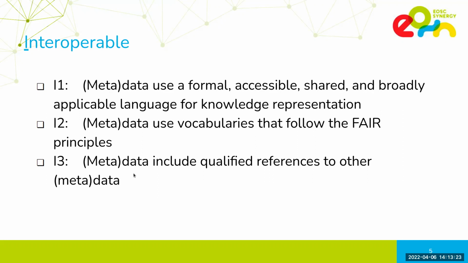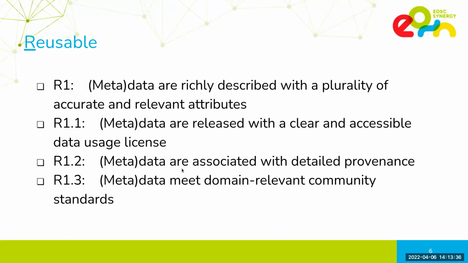That means, for example, relationships between different versions of the data, or whether they are associated with a particular publication, and that kind of thing is what we are checking. And finally, reusable, where we check things related to the license, whether the data and the metadata are released with a clear type of license, etc.